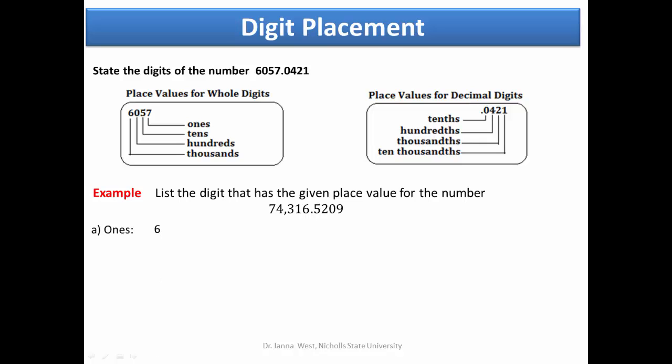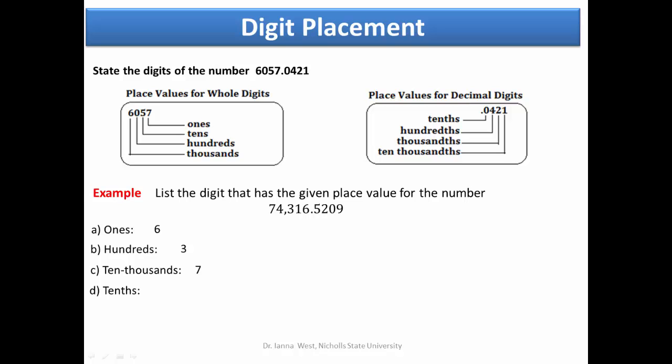We will next determine the number that is in the hundredths place. The number that is in the hundredths place in our number is 3. We will next determine the number that is in the 10,000ths place. That number is 7.